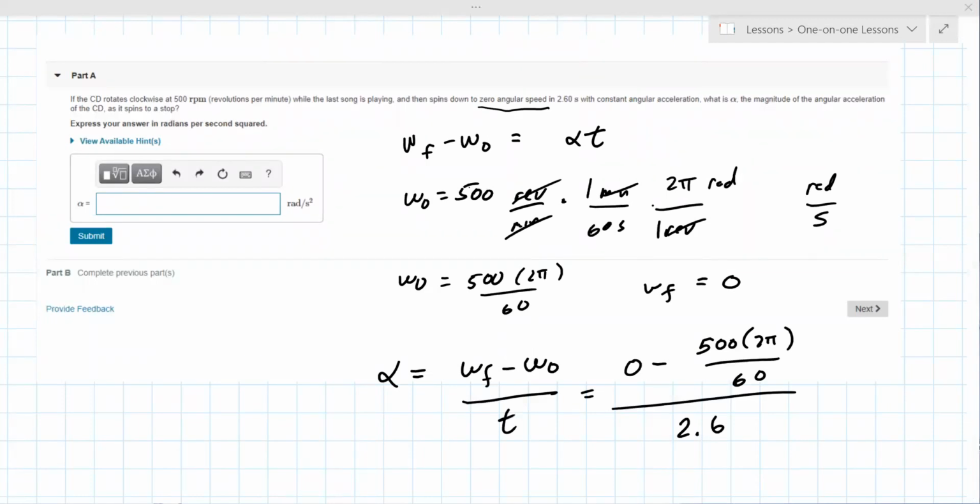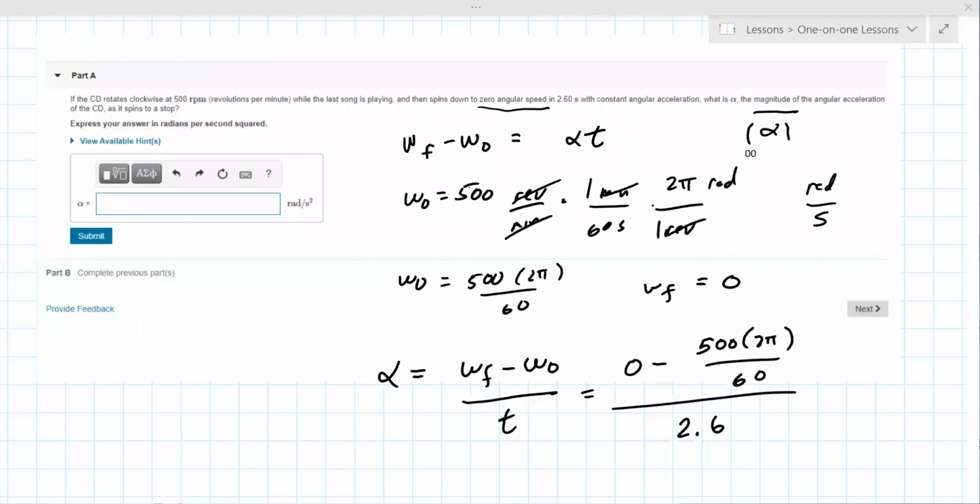And if you got your calculator handy, see what you get for that. Yeah, I'll get that out. The thing that's sort of bothersome here is that alpha is negative, but it just wants the magnitude, which means that you're really finding the absolute value of alpha. Divided by 60, divided by 2.6.